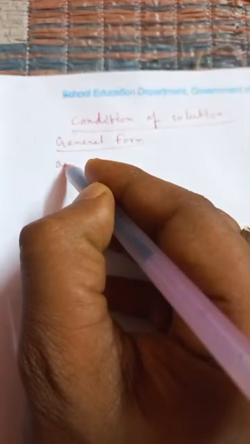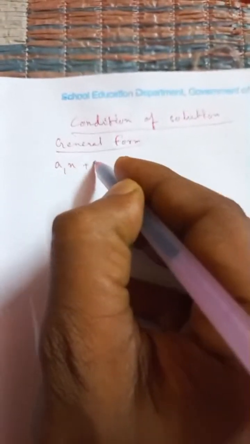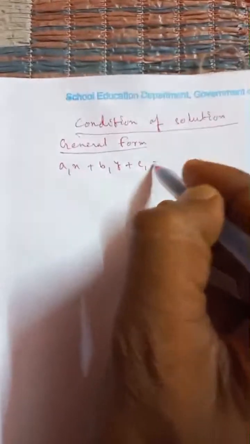We will take two equations in general form. We are taking a1x plus b1y plus c1 equal to 0.